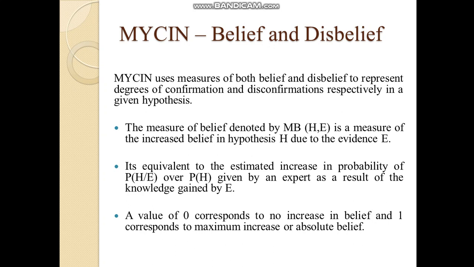The measure of belief, denoted by MB, is a measure of increased belief in hypothesis H due to the evidence E. It is equivalent to the estimated increase in probability of P(H | E) over P(H) given by the expert as a result of the knowledge gained by E. The value 0 corresponds to no increase in belief, and 1 corresponds to maximum increase or absolute belief.